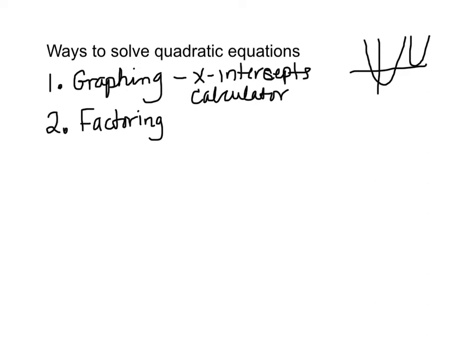Factoring works lovely as long as the roots are whole numbers. So factoring doesn't always work. The third method that we used was completing the square. Now, that always works.